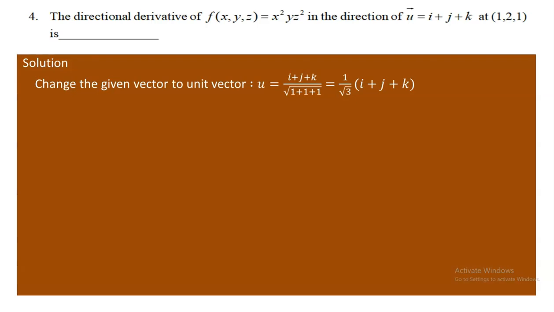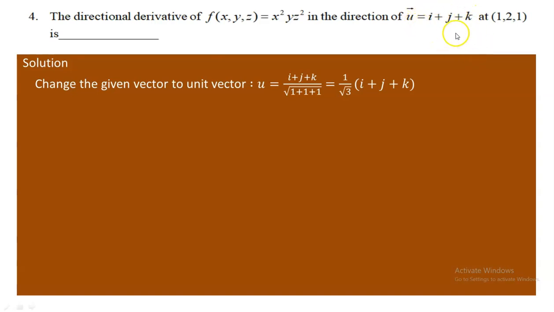So first we need to change the given non-zero vector to a unit vector, and the vector given is i + j + k. This is not a unit vector because its magnitude is radical 3, because the square root of 1 squared plus 1 squared plus 1 squared makes radical 3.